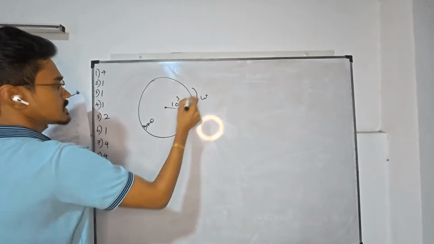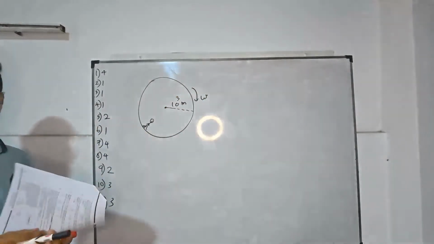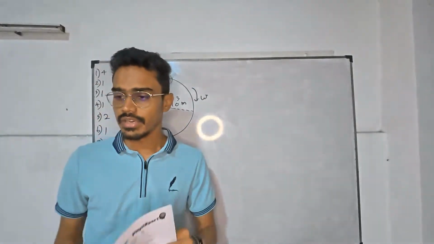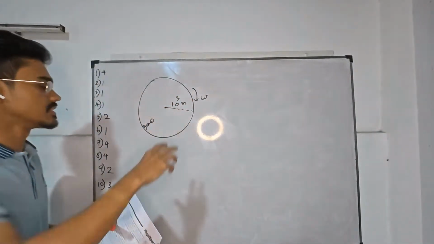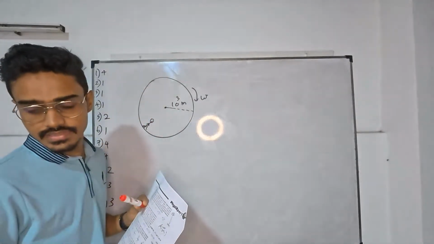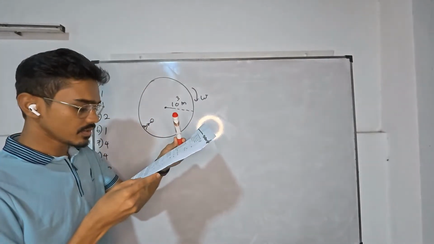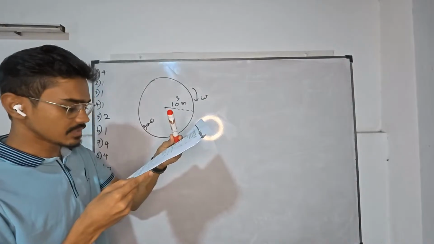So this rotates. Now this astronaut also undergoes circular motion, because when this space colony rotates, the astronaut also undergoes circular motion.